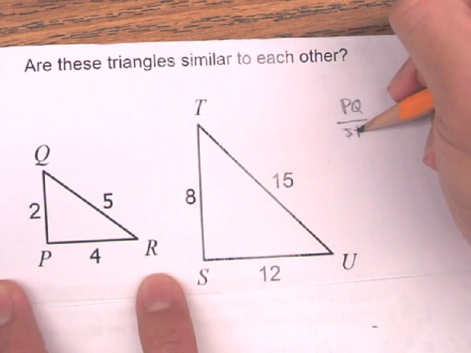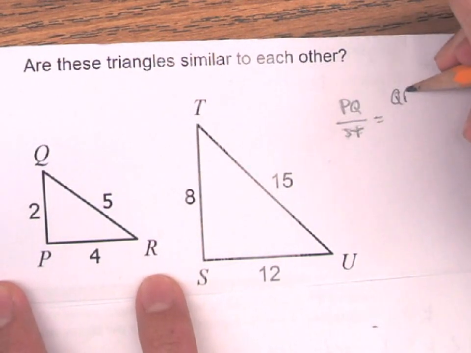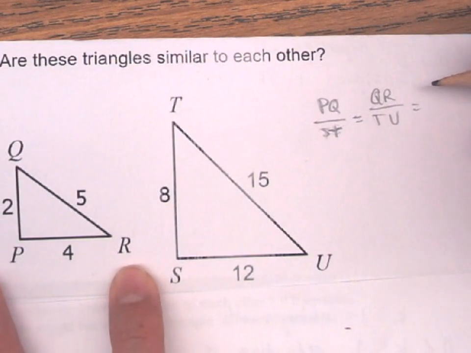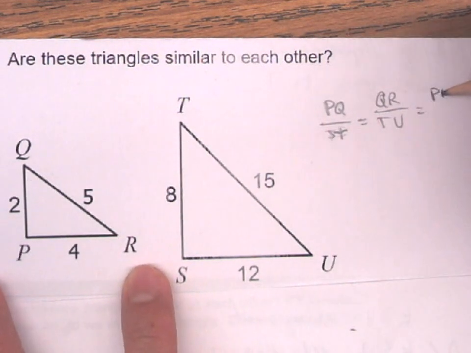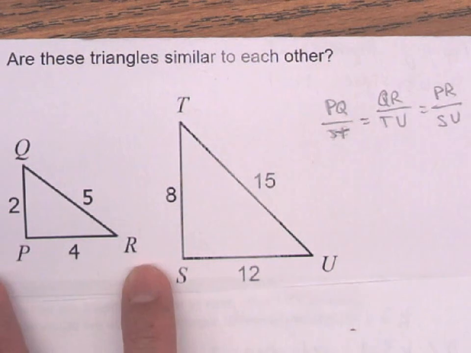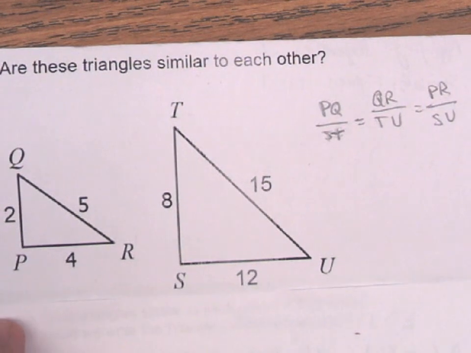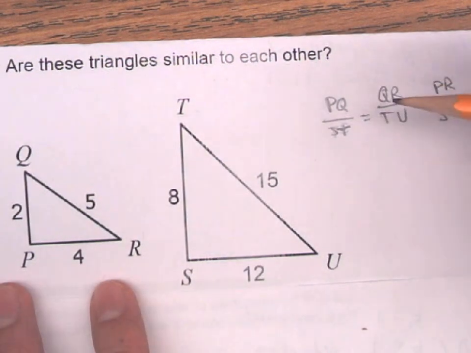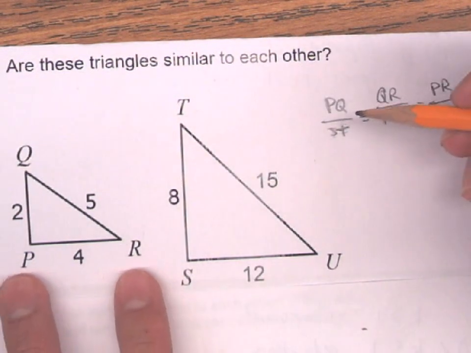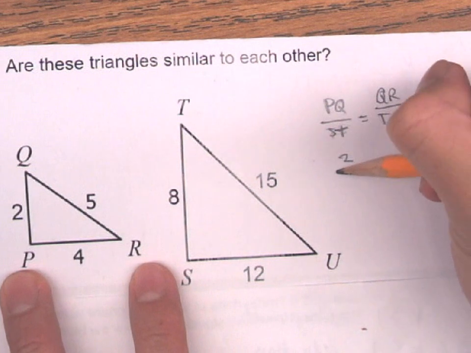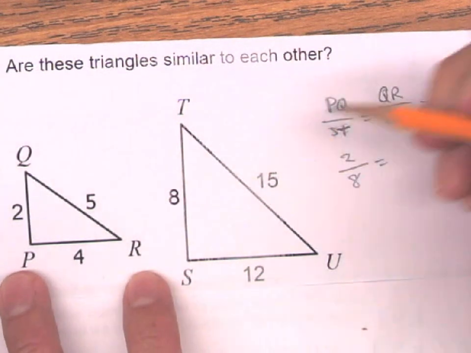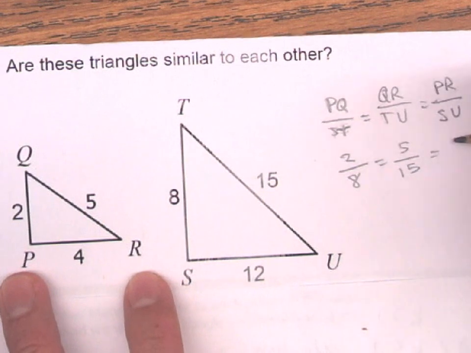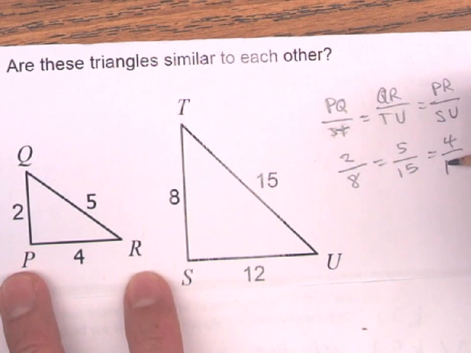ST equals QR divided by TU equals PR divided by SU. So you want to check all of these proportions and see if they are equal to each other. If I calculate all these proportions, this is 2 divided by 8 equals 5 divided by 15 equals 4 divided by 12.